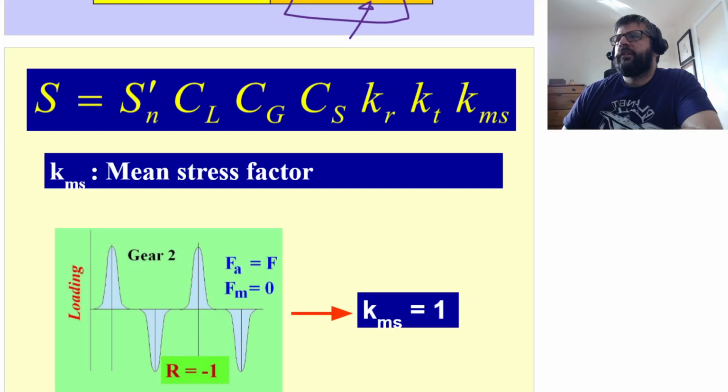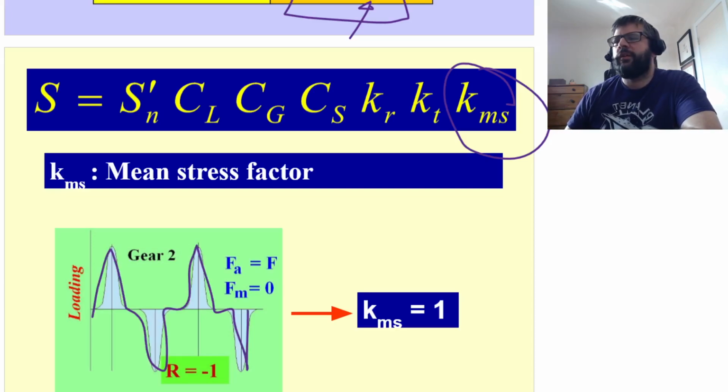Okay, the next one is our mean stress factor. So basically, this is going to account for whether or not the gear is seeing the up-down stress, or tensile and compressive.